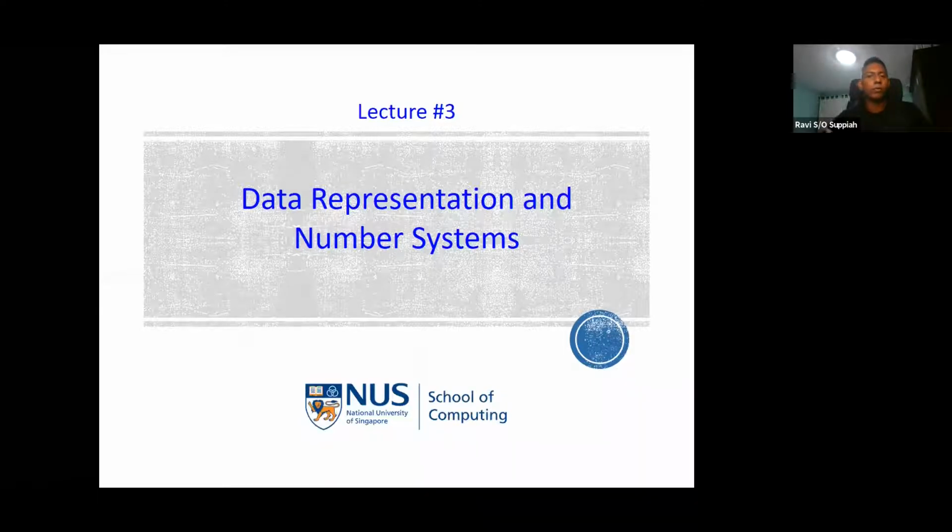We first need to understand the different ways in which numbers can be represented and how we interpret this representation in its different forms. Once we have a better appreciation for this, when we go on to the processor architecture part, we will have a much clearer understanding on how to interpret the numbers that we see there.